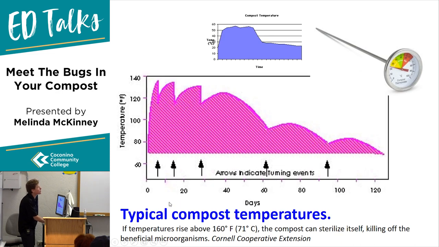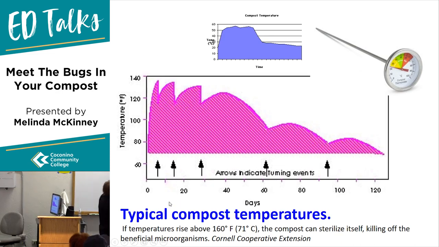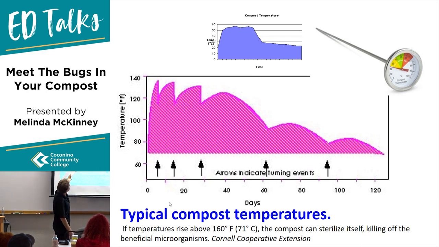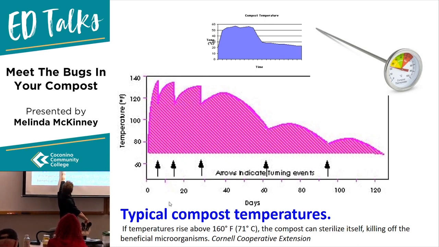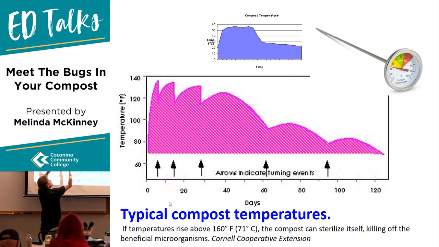The temperature, so here's a temperature graph. This is from Cornell, and they did a pile here where they turned it periodically. So these are days, it looks like 17 days or so. They're turning it. So the compost pile, if you chop everything up really fast and really small, and you put it together in a nice combo, you'll get a temperature spike. And so it's going up to 140.